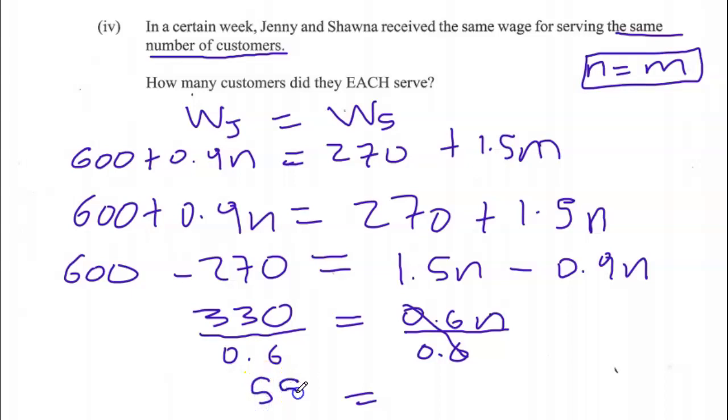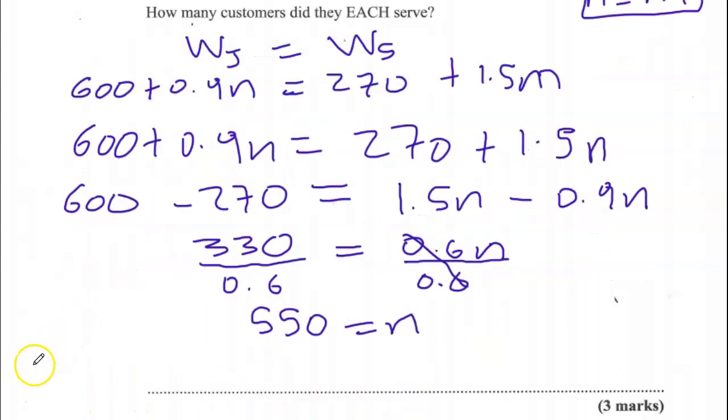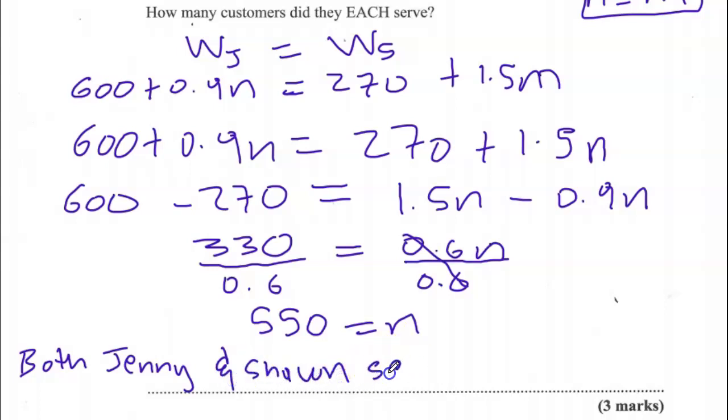So they serve the same number of customers, which amounts to 550 customers. Which means we can indicate here that both Jenny and Shauna served 550 customers.